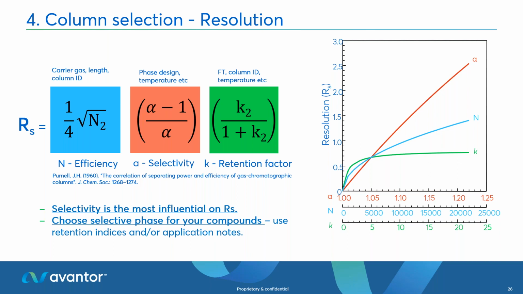This is a bit of a difficult one if you have already got the column phase, because you may have to run some experiments and have a look. You may have some practical data that you can use, but if you've not purchased the column and you're not sure and you want to look at the selectivity, this is where researching application notes and looking at retention indexes is really helpful, because the evidence is there and there's lots of information out there to help you choose the most appropriate column.